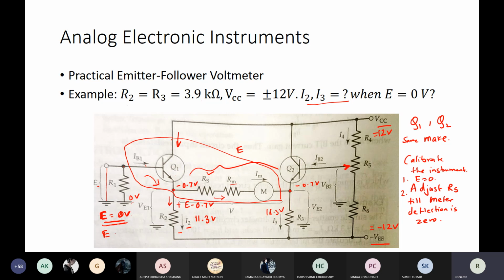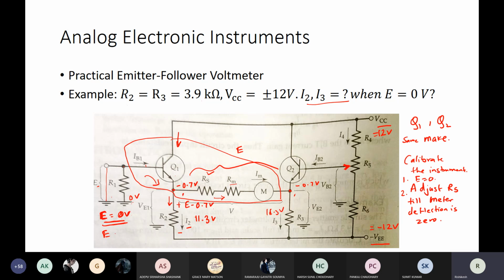So in the calibration process, we have assumed that it is minus 0.7. It may be minus 0.6 also, but it doesn't matter to us because we will be adjusting R5 till we get meter deflection 0. So whatever it is unknown, we are making sure that this potential is same as this. So the meter will only experience the voltage which is being applied.